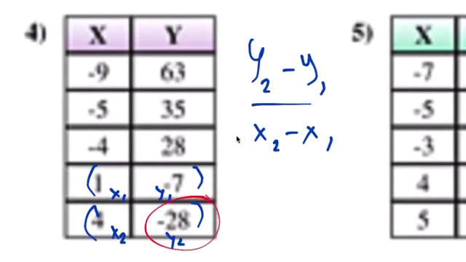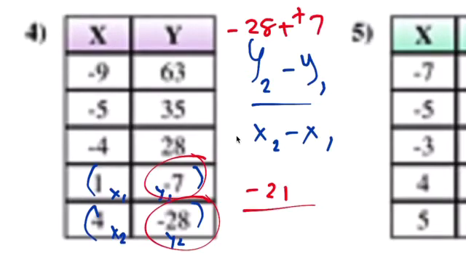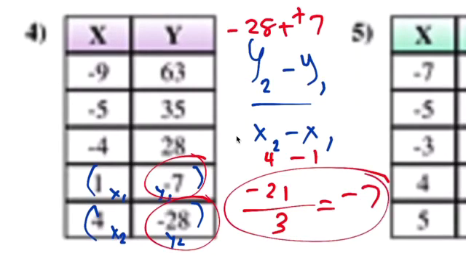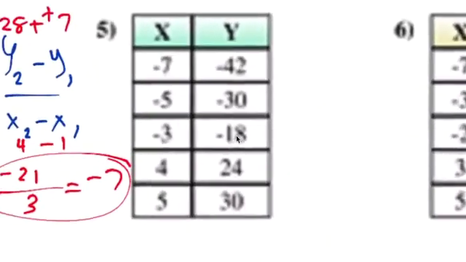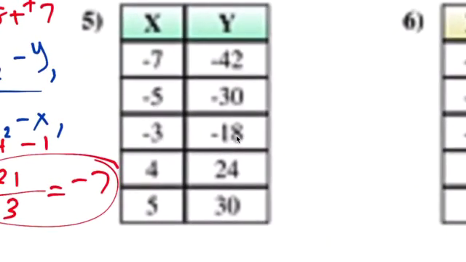You get negative 28 minus a negative 7. Add, that's negative 21 over x, 4 minus 1, that's 3, which is negative 7. Okay, I'm going to take out all my negatives and just work with the positives here.